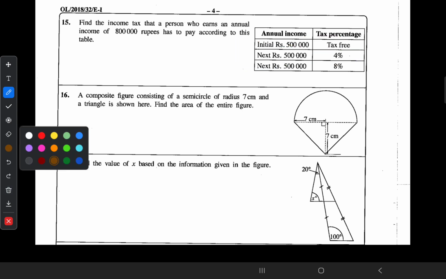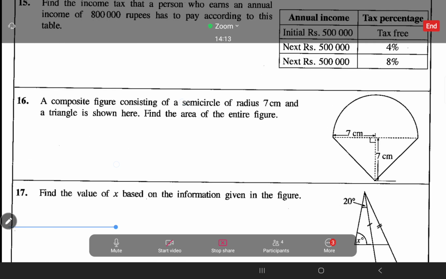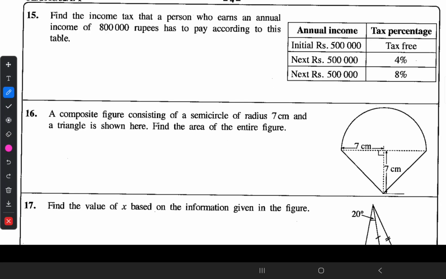So let's subdivide his income. Total income was 800,000. I will split the 800,000 as the initial 500,000, where there is no tax. For this one, tax free. But for the remaining, after this 500,000, he is earning an additional 300,000.